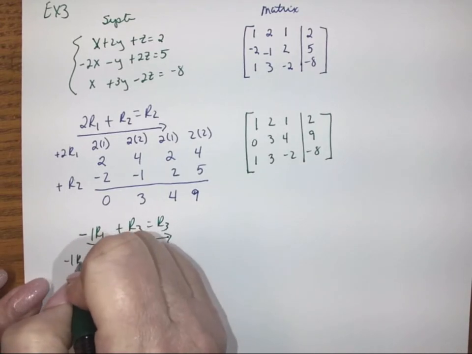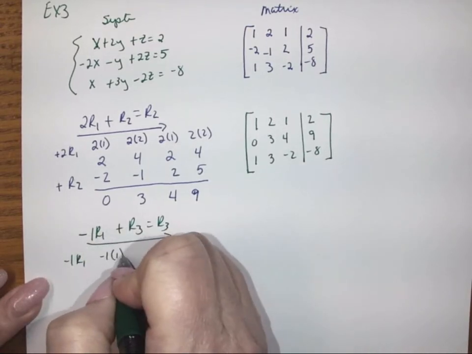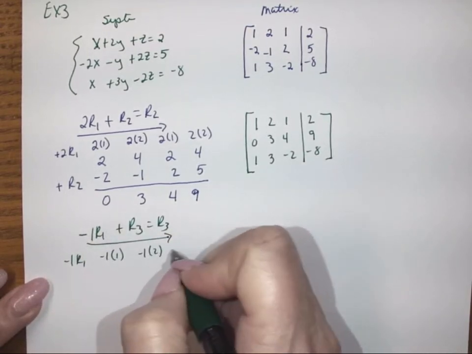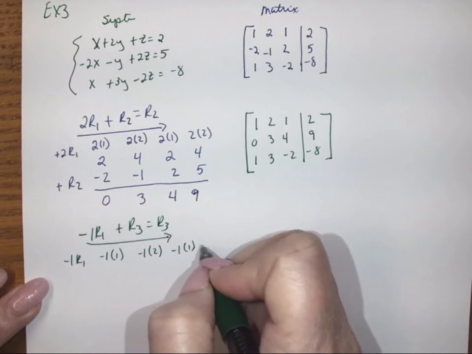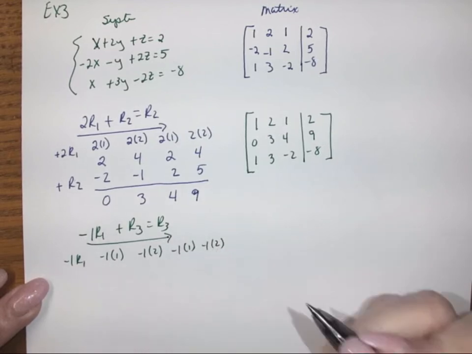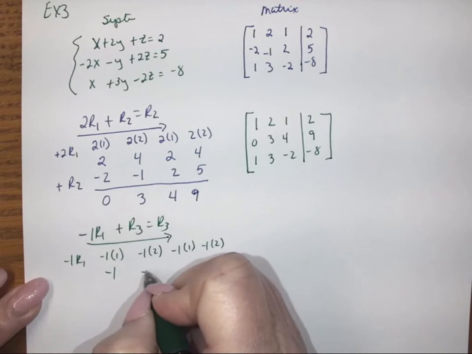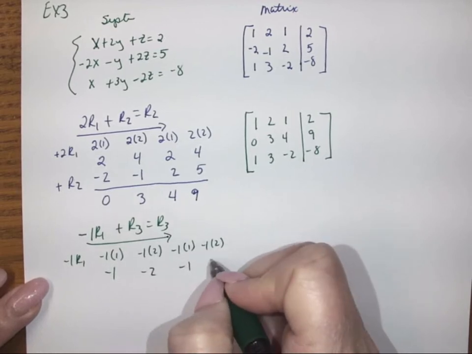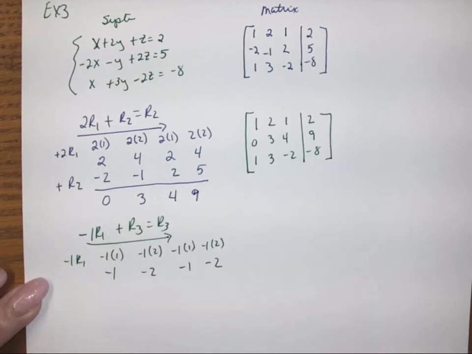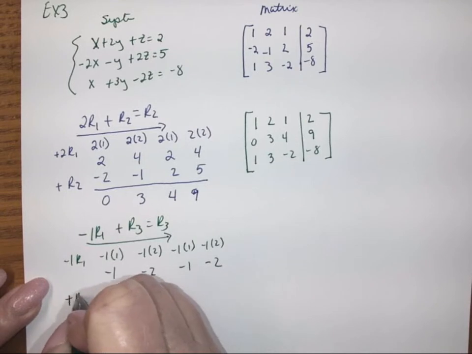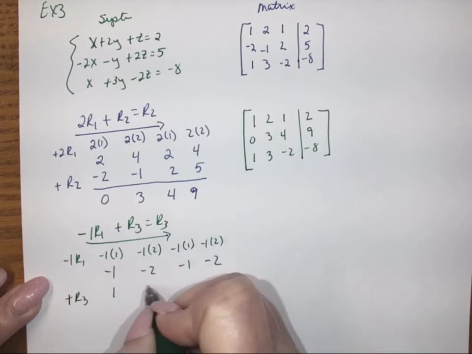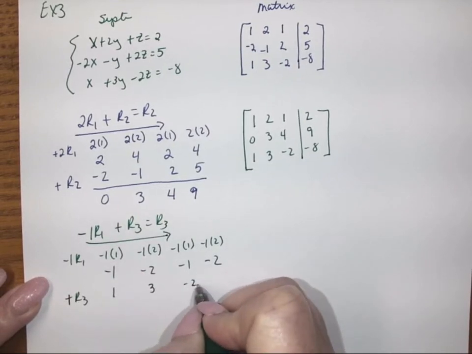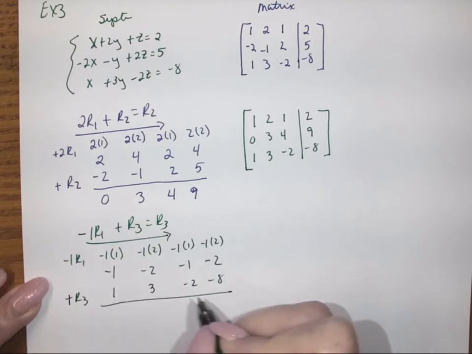So negative 1 times row 1 gets us negative 1 times 1, negative 1 times 2, negative 1 times 1, negative 1 times 2. So that's negative 1, negative 2, negative 1, and negative 2. And then we'll add row 3, which is 1, 3, negative 2, and negative 8.